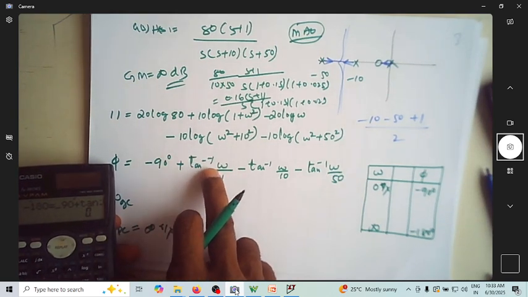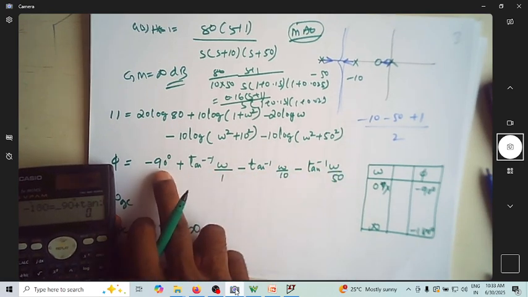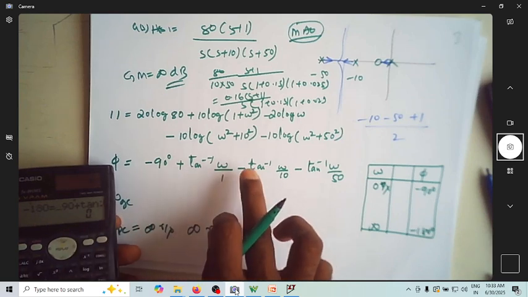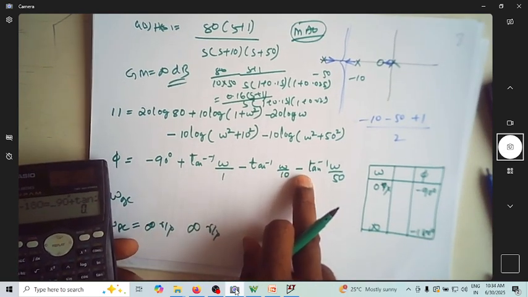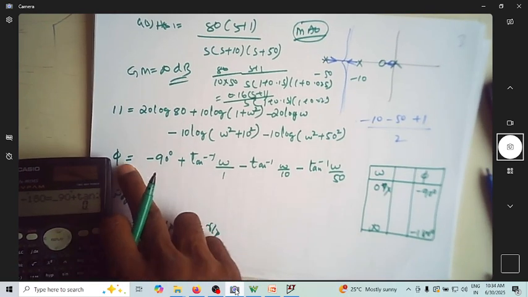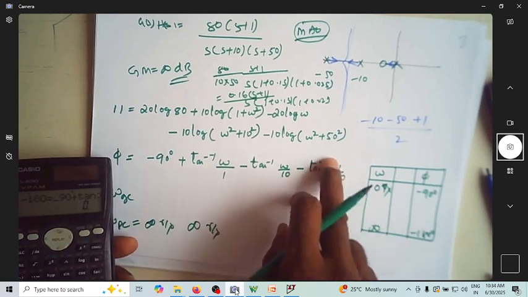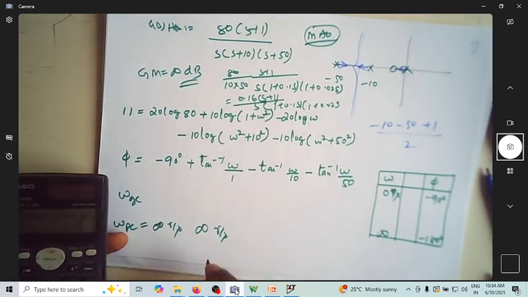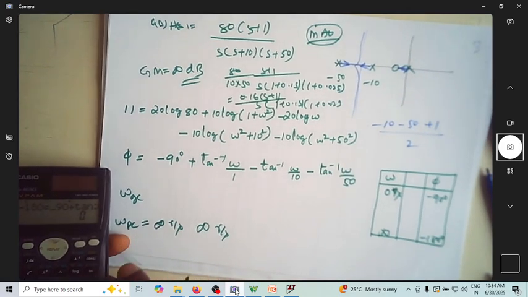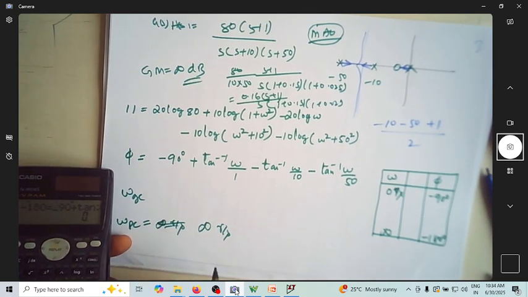You can see here, this is 90, this is 90, this is 90. So minus plus will go off, then it is minus minus, then it is minus 180. That happens only when omega is infinity. So this is minus 180 only when it is infinite radian per second, which your calculator cannot find. So without using calci, I am writing it as infinite radian per second.